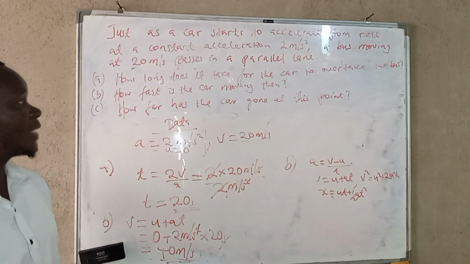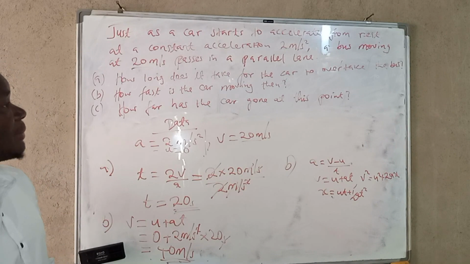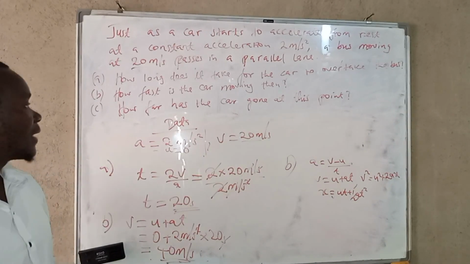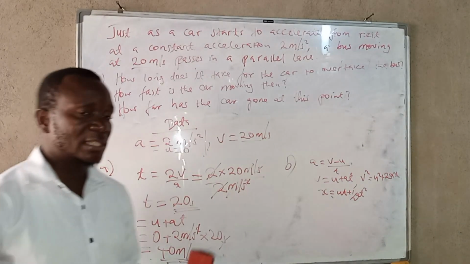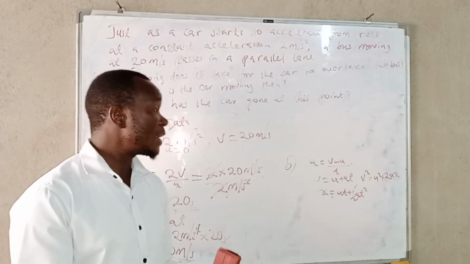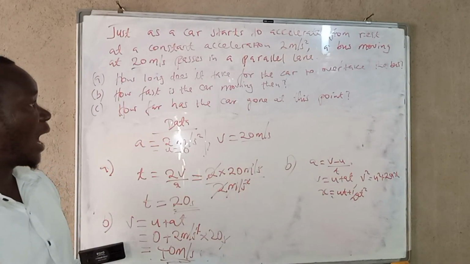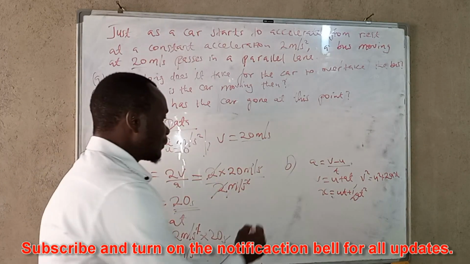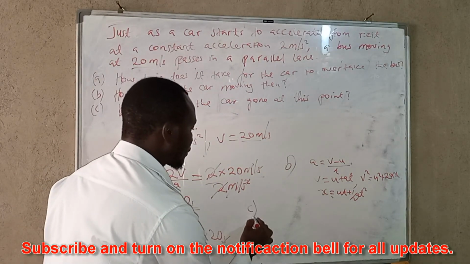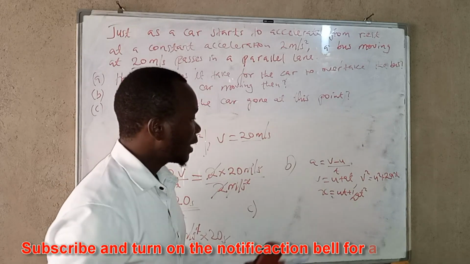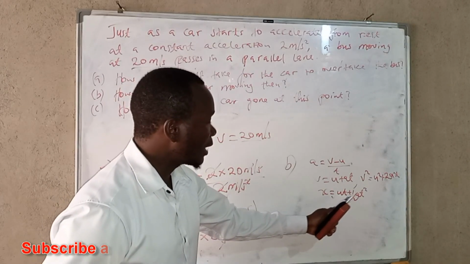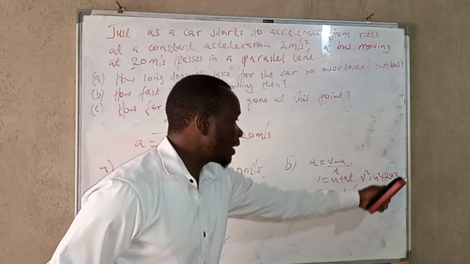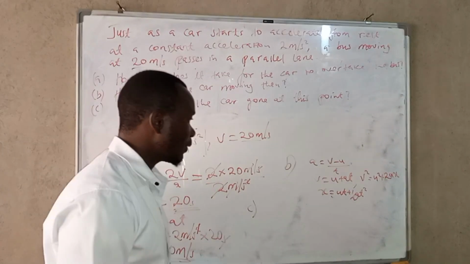Now the final part is to find how far the car has gone at this point. So it is simply about the distance the car has moved in order to overtake the bus. For C, we can use either this equation or this equation, since we have x in both.